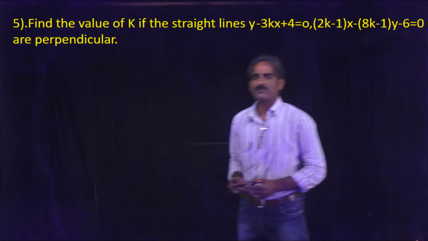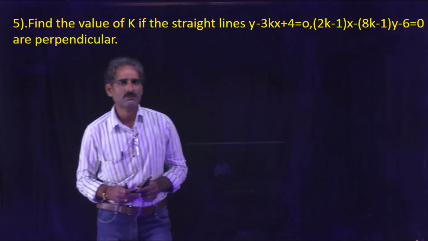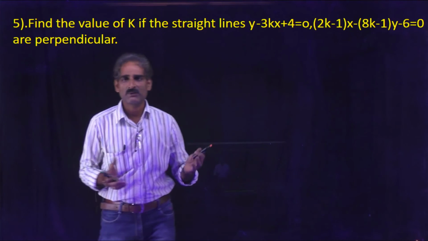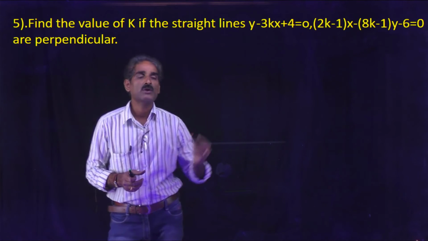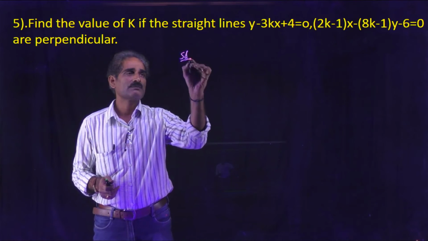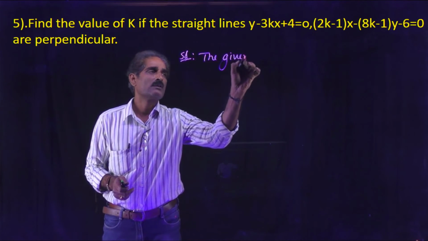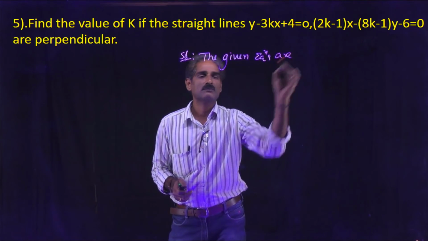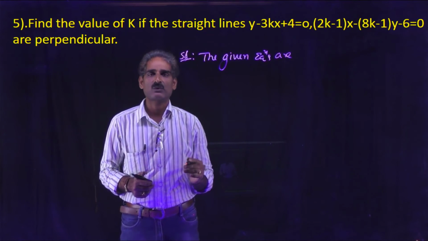See this problem. Find the value of k if these two straight lines are perpendicular. If the two lines are perpendicular, there are two conditions: in slopes, m1 m2 equal to minus 1; in terms of coefficients of x and y, a1 a2 plus b1 b2 equal 0. What are the given equations? The first one is y minus 3kx plus 4 equal to 0.